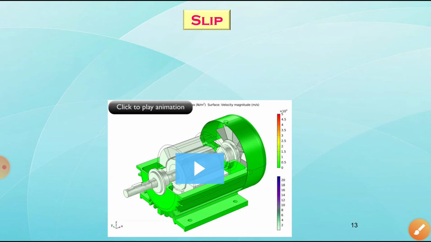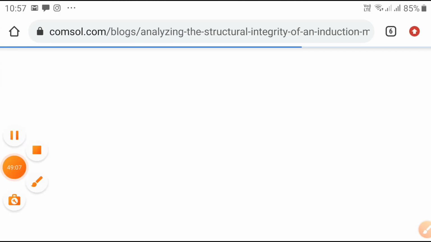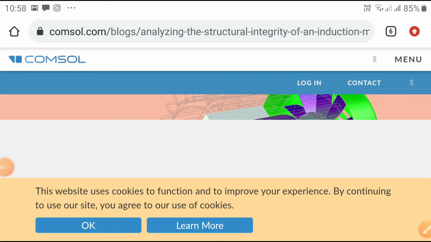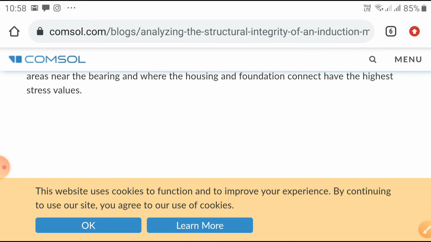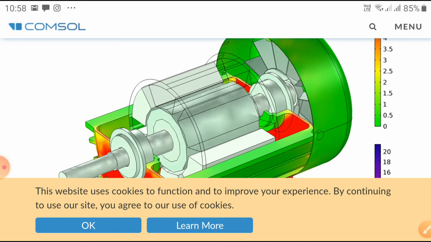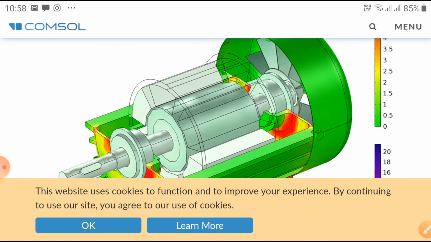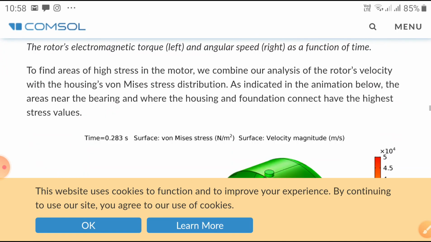Now here you can see one animation also, how it runs. Now you can see how it is moving.